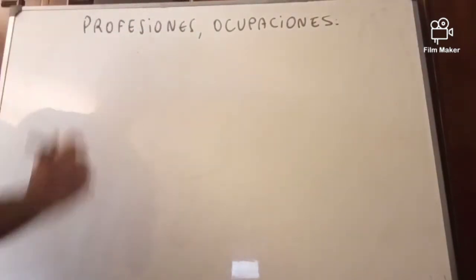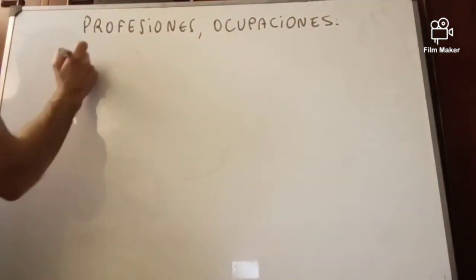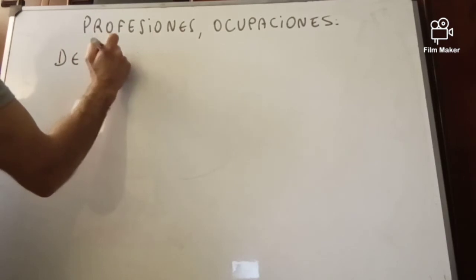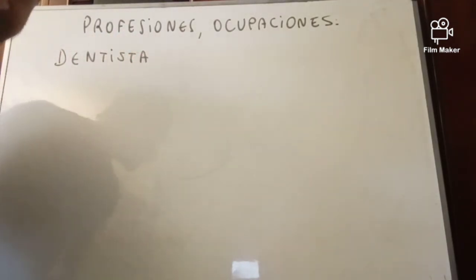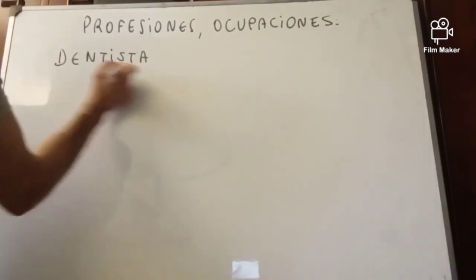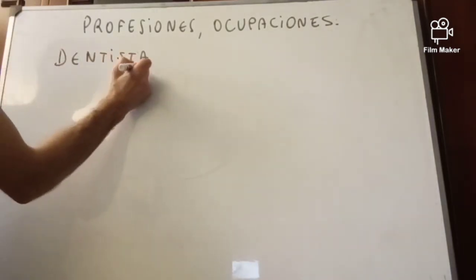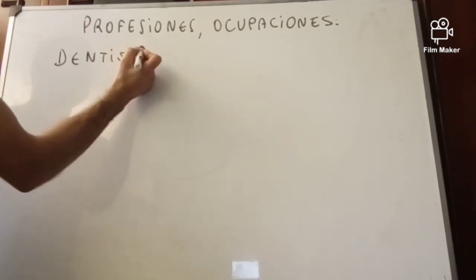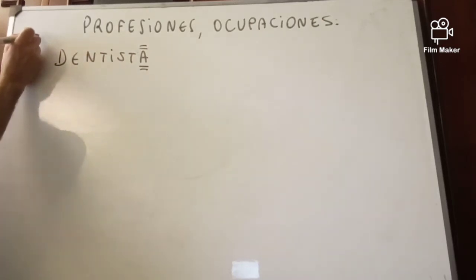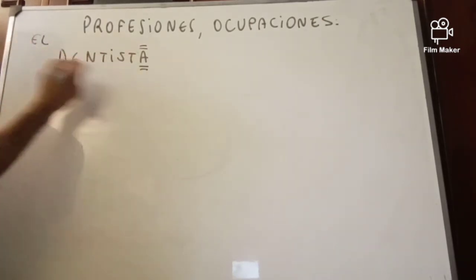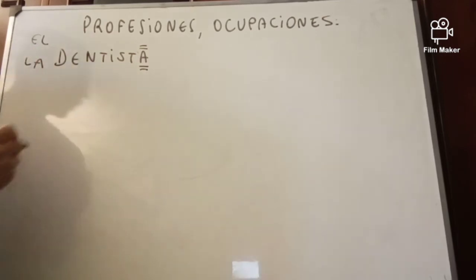For example, dentista. Well, you know what this is. Dentist. The ending is the same for both women and men, so to indicate gender, we'll change the article. El dentista when it's a man, la dentista when it's a woman.